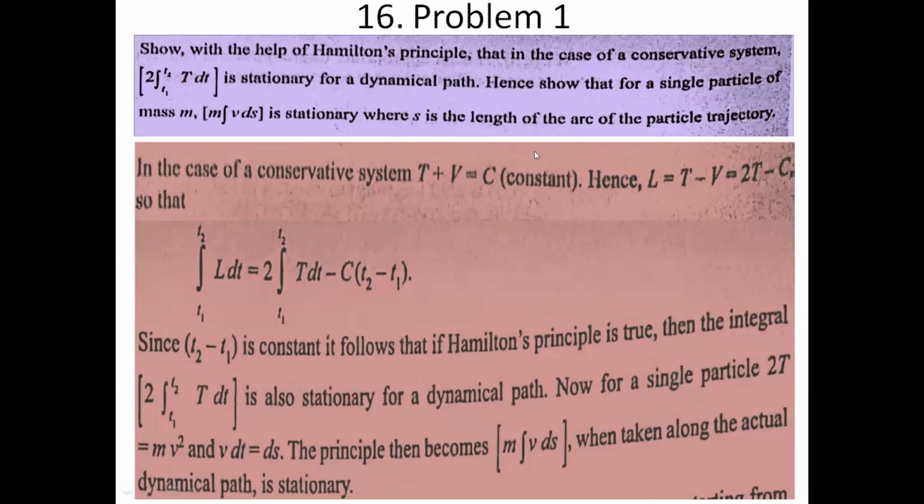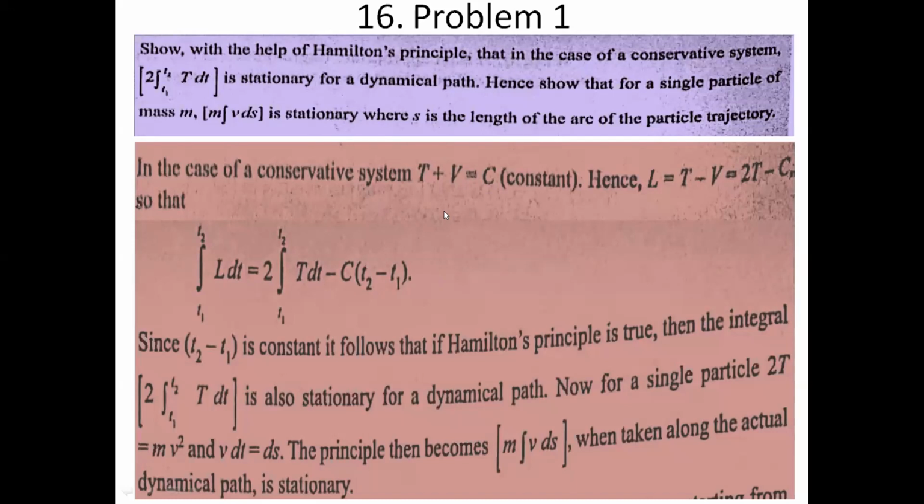Since I am talking about a conservative system, therefore T plus V, kinetic energy plus potential energy, should be constant. Our Lagrangian being T minus V, it will become 2T minus C, where C is a constant.